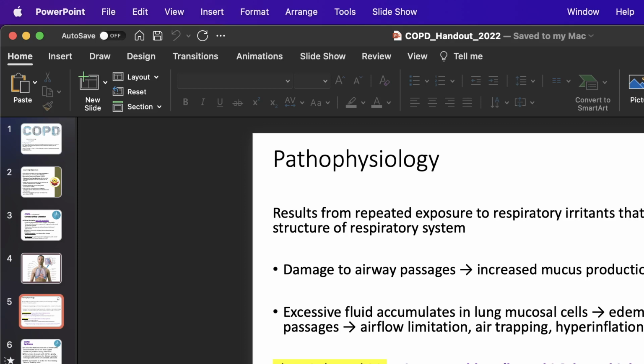Someone with chronic bronchitis is going to have a chronic cough. If you were to look at them, they tend to appear heavy set. Do you ever see people who have sort of a grayish, bluish tinge to their skin? Their color is not good. They tend to have cyanosis in their nail beds.